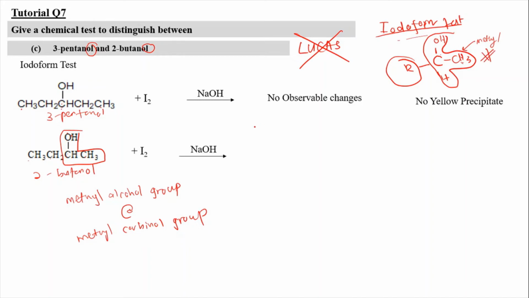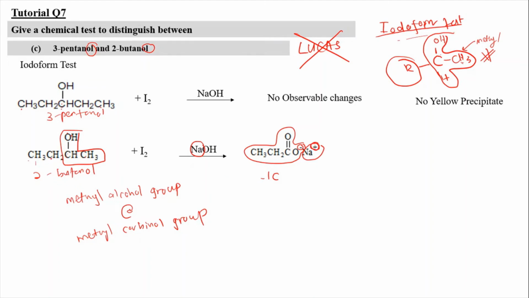When we react that with iodine in the presence of NaOH, what we're going to produce is the carboxylate ion, which is this one, and it's reduced by 1 carbon chain. Because of the negative charge, our sodium metal is going to be closely together with the carboxylate ion, so one negative and the metal positive.